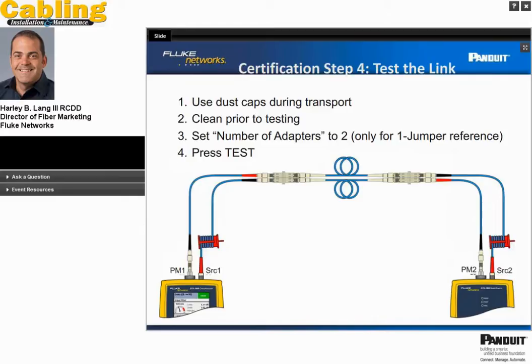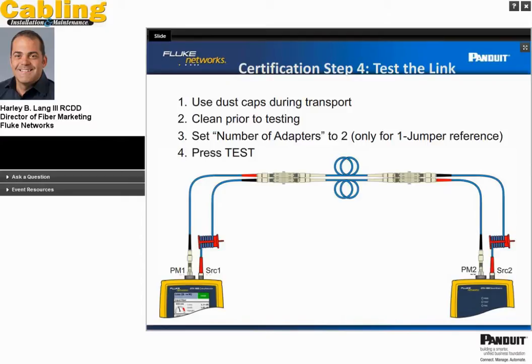And really the final step of setting up to test the cabling using the Tier 1 certification, or loss certification as some people call it, is selecting the correct test limit. This is pretty easy to do depending on the test equipment you're using.